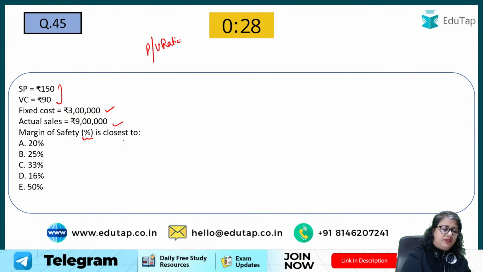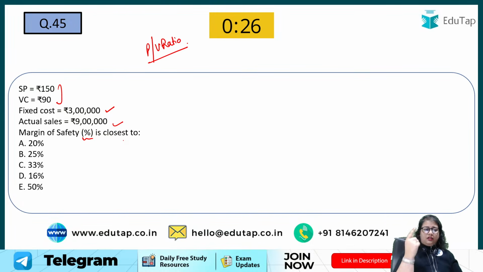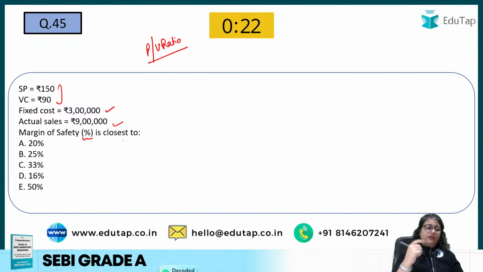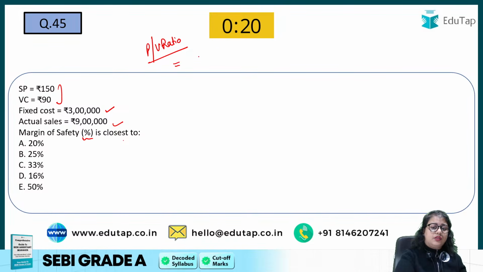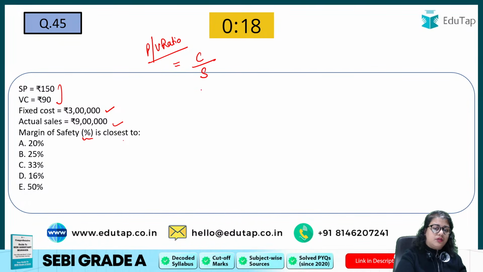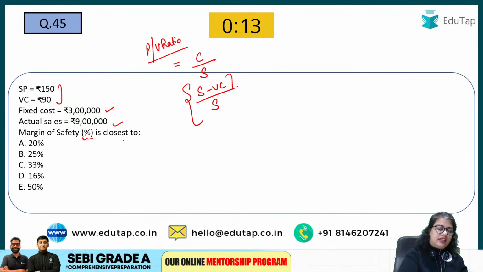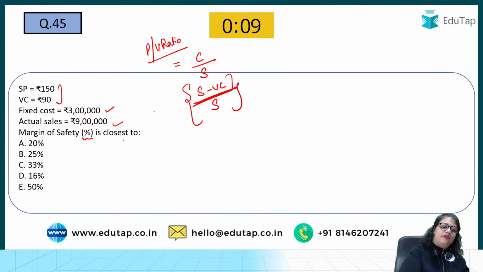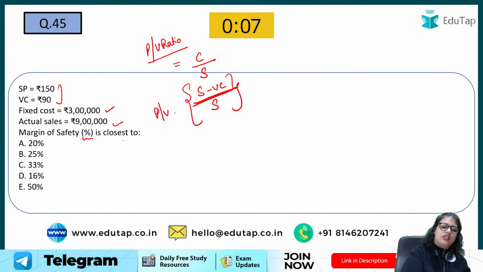Now you will say, why aren't we doing it with the contribution per unit? But because we need it in rupees, we have to calculate the PV ratio. So that is contribution upon sales. Contribution is what? Sales minus variable cost. Can I say this, that contribution is sales minus variable cost? So to calculate the PV ratio, we'll say sales minus variable cost upon sales.